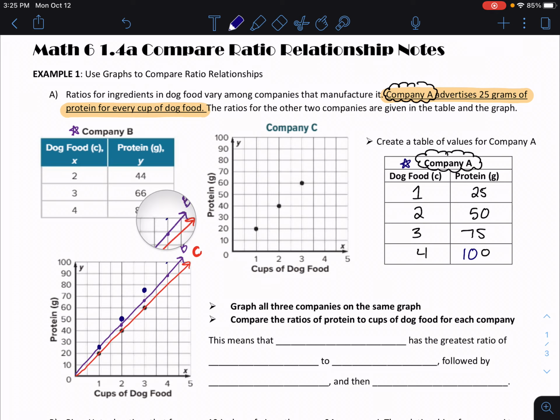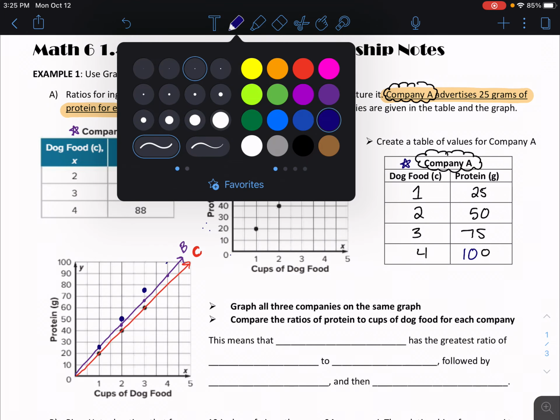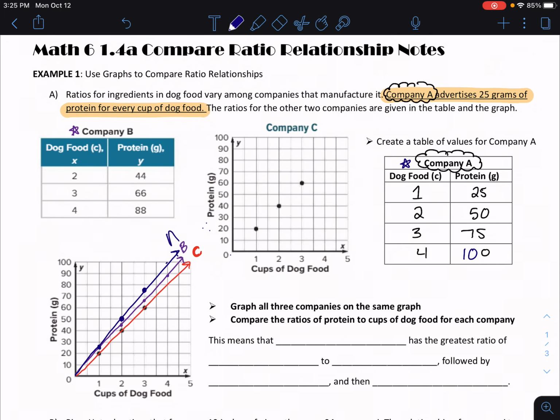And when I connect those dots, that is going to be my line A.